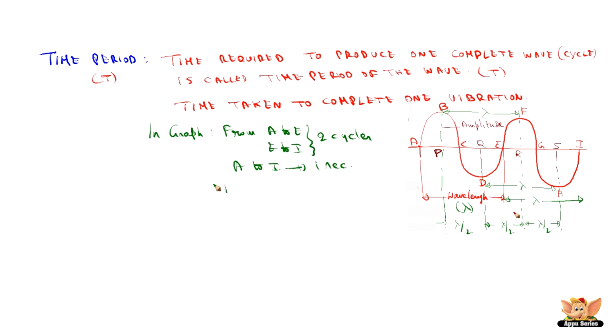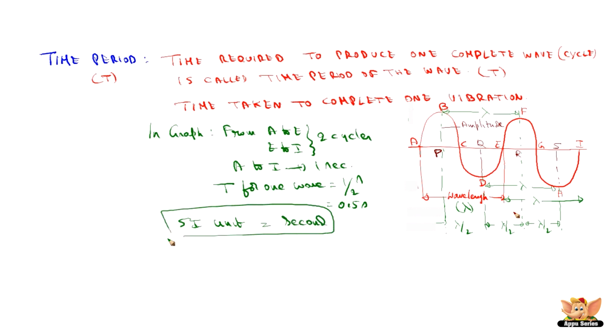Then the time period T for one wave is half a second, because two waves take 1 second. So for one wave it is 1/2 seconds or 0.5 seconds. So this is the time period for one wave. Now the SI unit for time period is seconds.